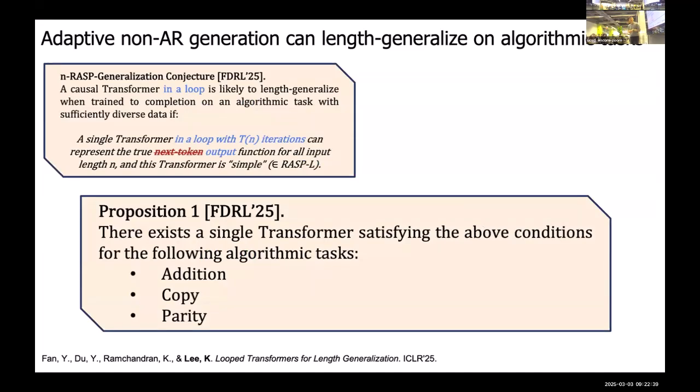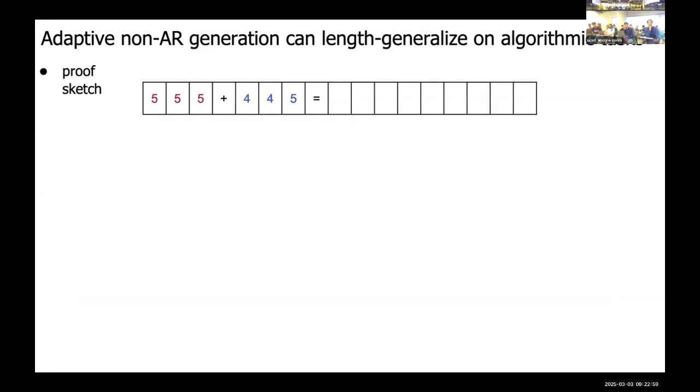Given this conjecture, what we can show is that we can construct a single transformer weight that can solve addition, copy, and parity. These are the three tasks that we couldn't solve with a single transformer without a loop, predicting the next token one by one. So now we can solve these tasks using this loop and also non-autoregressive generation. It's a kind of weird thing, but we'll explain one by one.